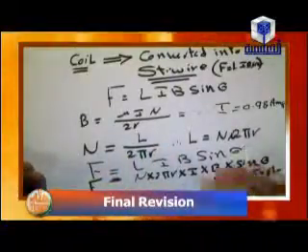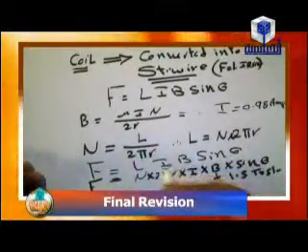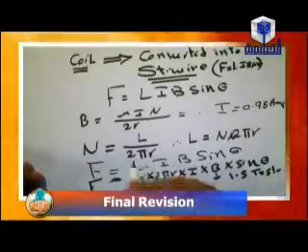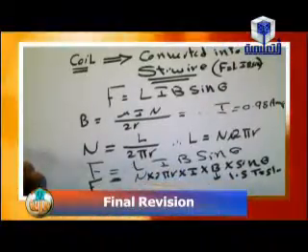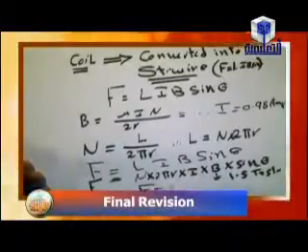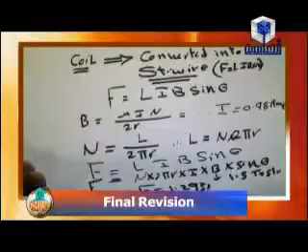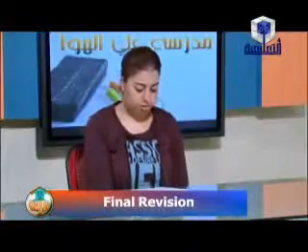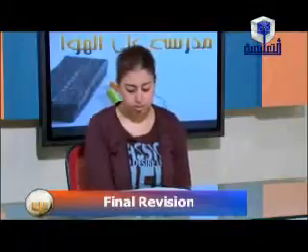We have sine theta and the magnetic flux density and the current intensity and the length of the wire, so we can get the force, F equals 1.293 Newton.